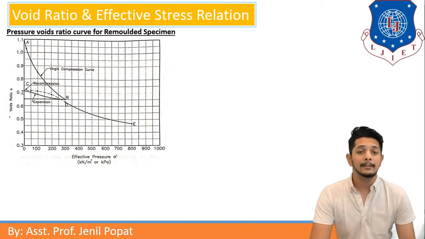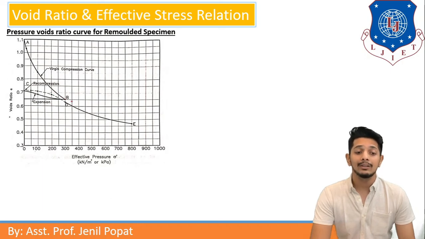Let us move further. If I give further loading, then from point C the graph will go to D. Now CD is known as recompression as we are giving compression again. Now point B and point D can be differentiated as at the same effective pressure there is a difference in void ratio.